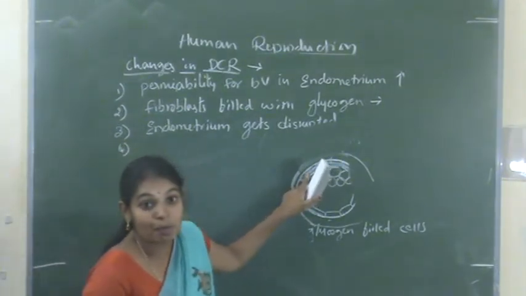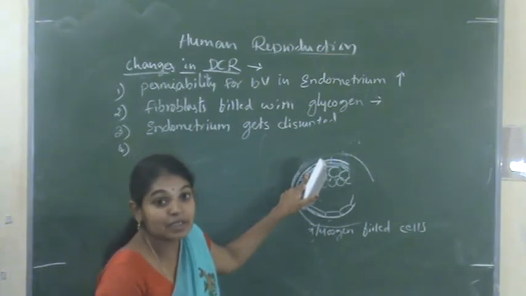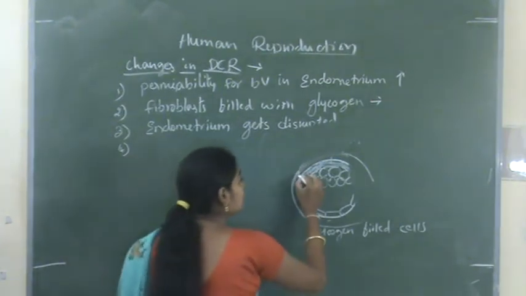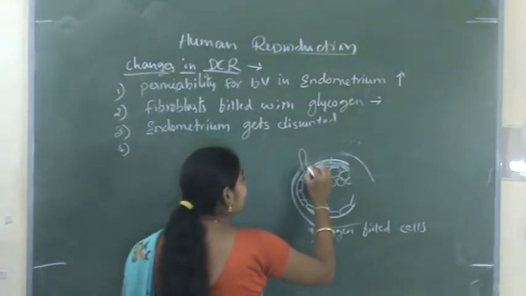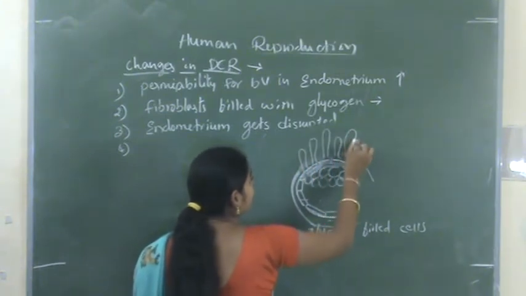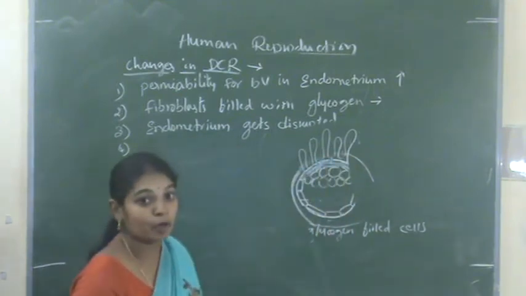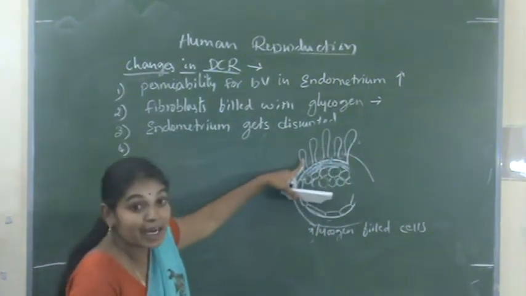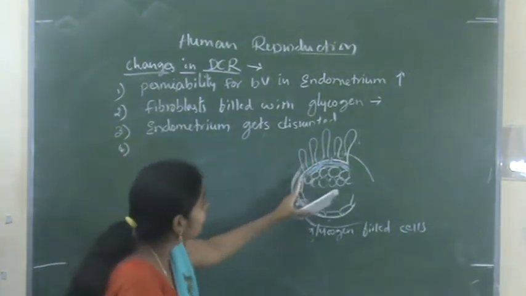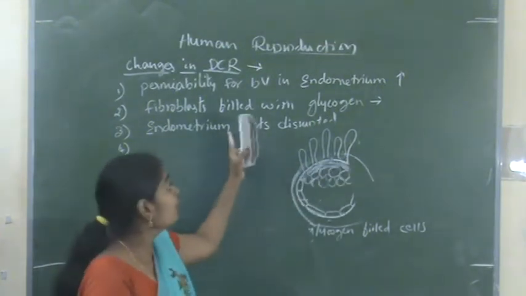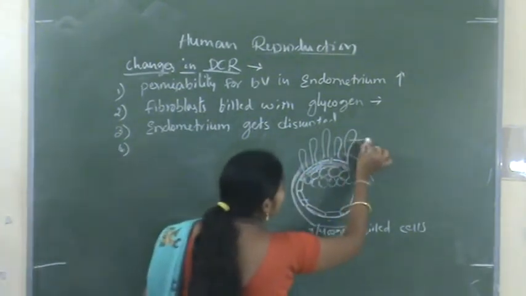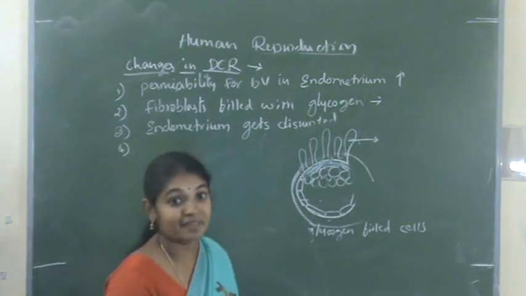This trophoblast layer gives rise to finger-like projections deeper and deeper into the endometrium. For the incorporation of these finger-like projections, the endometrium gets disrupted at this area. So now these are known as chorionic villi.